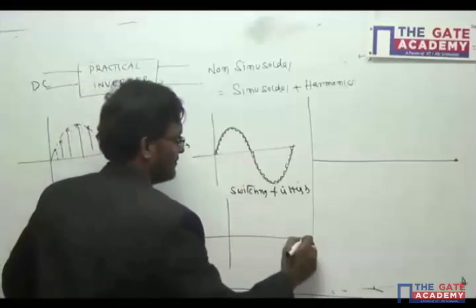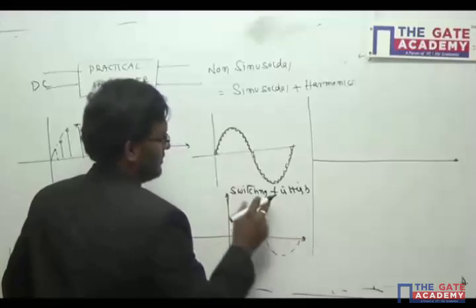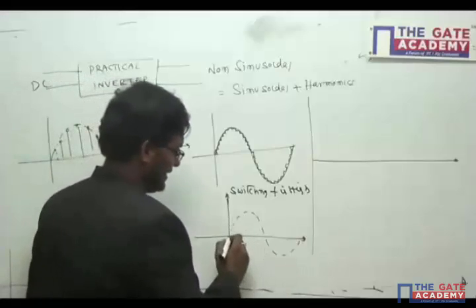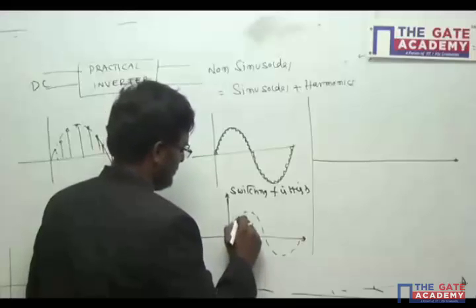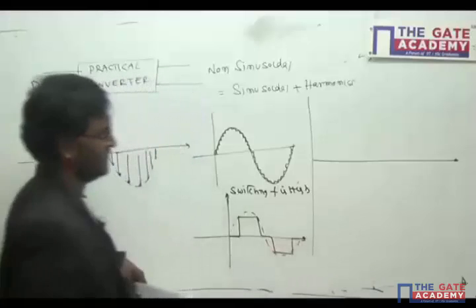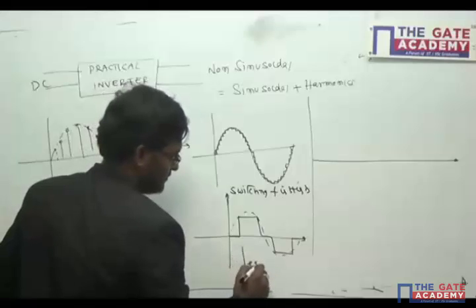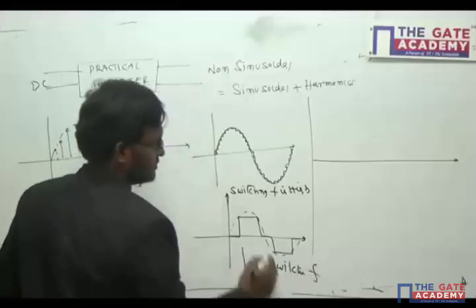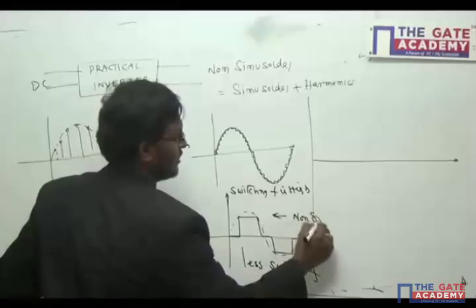For example, if the switching frequency is very low, how will the output be? The output will be like this, right? So this is the output which has less switching frequency. This is not a pure sinusoidal, this is non-sinusoidal.